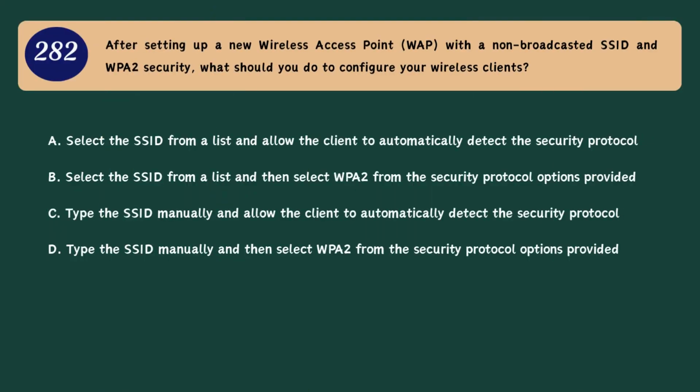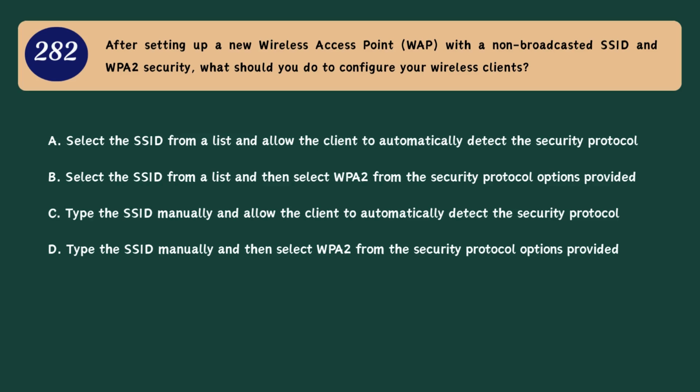Question 282. After setting up a new wireless access point with a non-broadcasted SSID and WPA2 security, what should you do to configure your wireless clients? A. Select the SSID from a list and allow the client to automatically detect the security protocol.